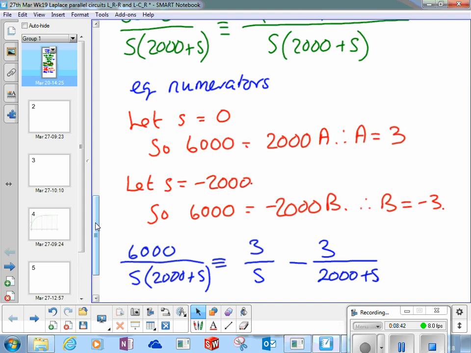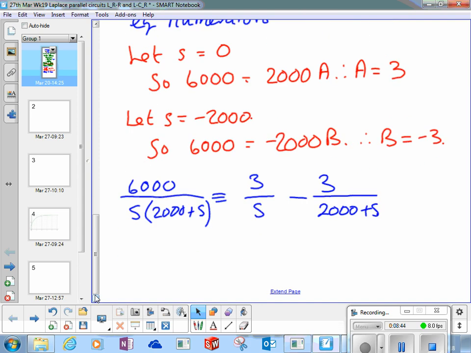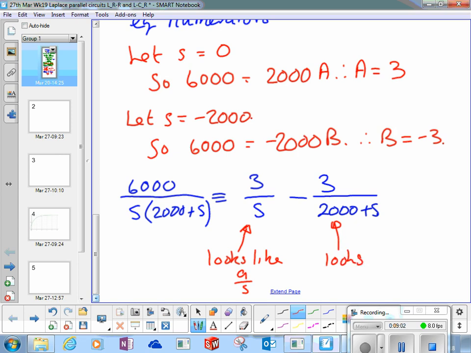And then we've got two parts to it, like entries in the table. This looks like A over S, and this looks like A over S plus B, no matter which order.